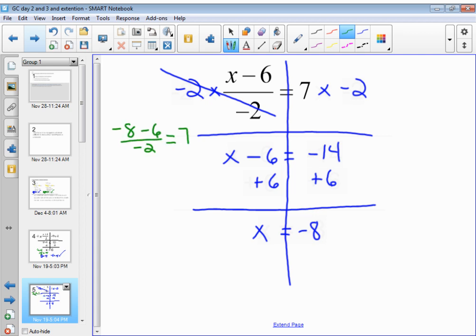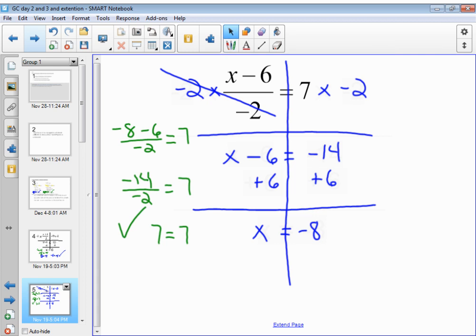If I solve my numerator first, I get negative 14, still divided by negative 2, is equal to 7. A negative divided by a negative gives me a positive, and 14 divided by 2 gives me 7. So our answers match, which means our answer of x equals negative 8 is correct.